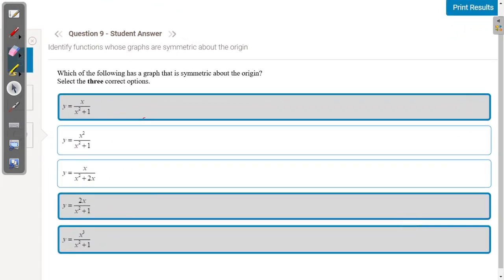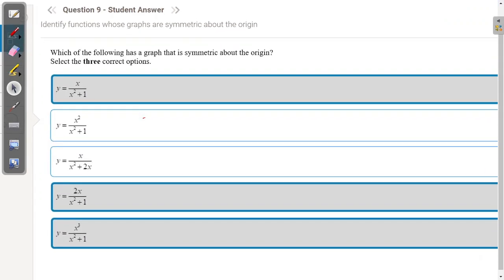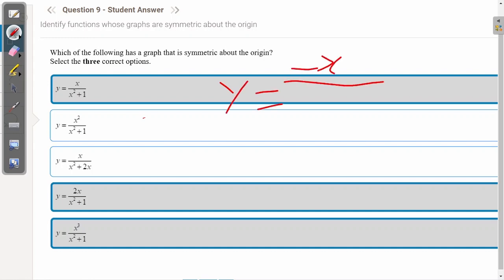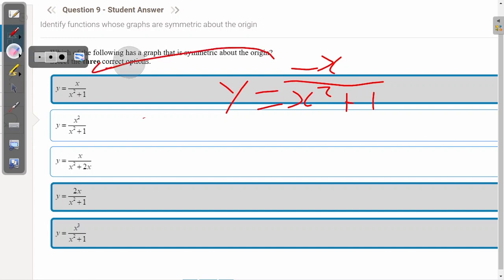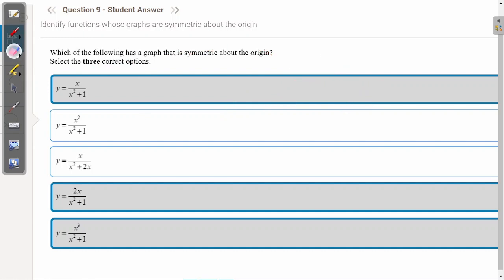Symmetric about the origin means odd. So you substitute with the negative, and it has to be the opposite of the original. So y equals negative x over negative x squared stays x squared, so x squared plus 1. This is opposite because the numerator is opposite, and just the numerator. Okay, so it's correct.